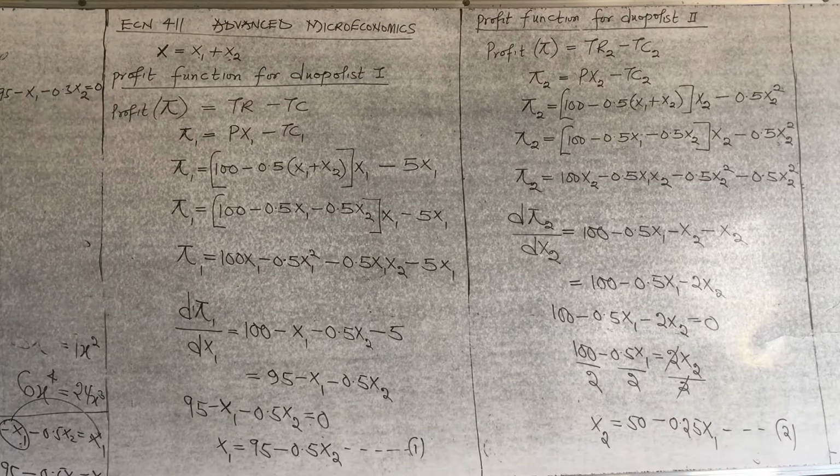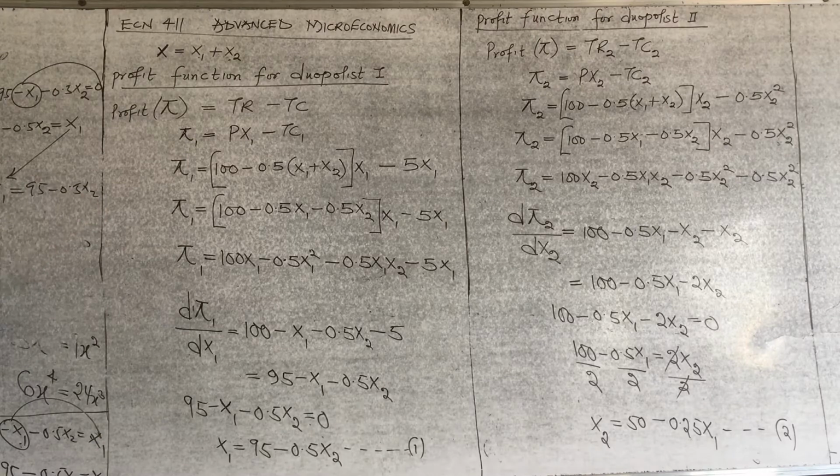So if I equate it to 0, this minus x1, if I bring it here, you now will have 95 minus 0.5x2 at this side. I've brought this minus x1 here, that's equal to x1. So I can rewrite this and bring this one here.